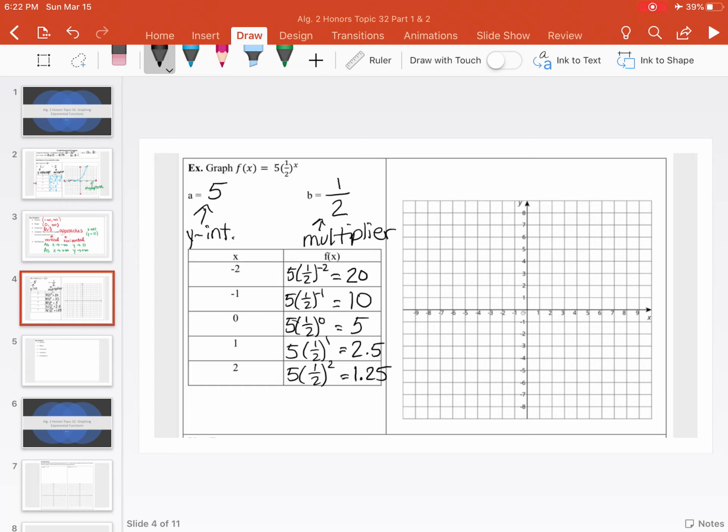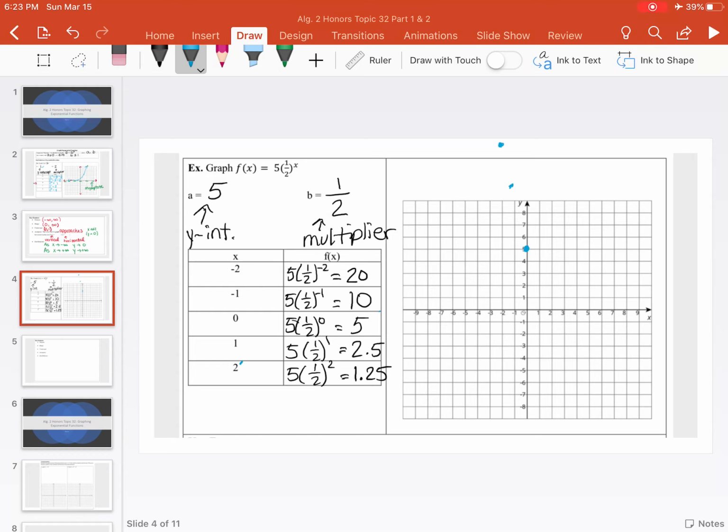So here we can plot this on our graph. Go over -2, up 20. Now this is definitely going to be off our graph, so we'll say that's 20 up there. We can go over -1, up 10. Please note that this is definitely not to scale. Over 0, up 5. This is our y-intercept. And again, I'm just following along with what's said on the table.